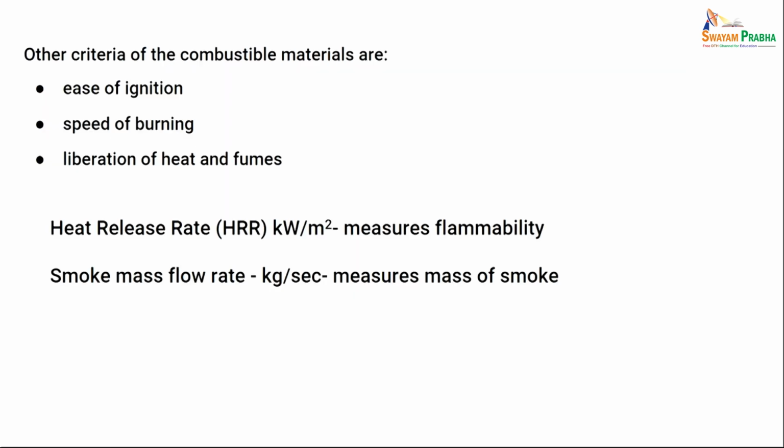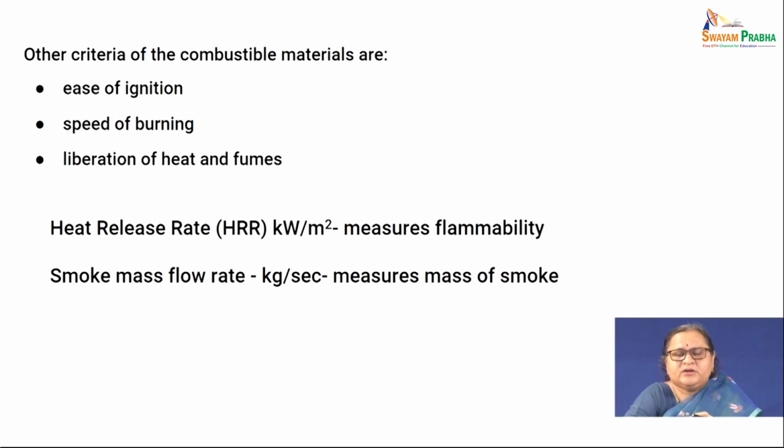Now, other criteria of the combustible materials, we are looking into the combustible part. Other is how quickly a material burns, ease of ignition, like how quickly it will start burning. Then, at what speed it will continue burning, and then liberation of heat and fumes, what is the characteristic while it is burning.